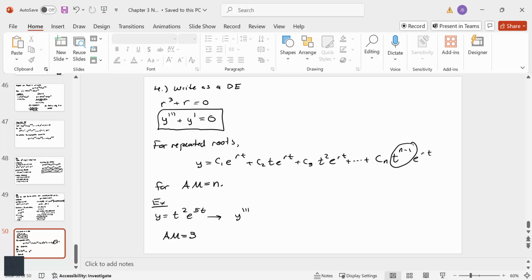Now I only have one term, but I'm just telling you, if it's a t squared, that's where it maxes out, then the derivative is going to be 3 because it's one less, is what I'm trying to point out in this example. So the algebraic multiplicity is one higher than the degree of the polynomial itself. That one's going to be a little tricky just because it's not something that you're too familiar with in terms of the relationship between repeated roots and the exponential with polynomials.